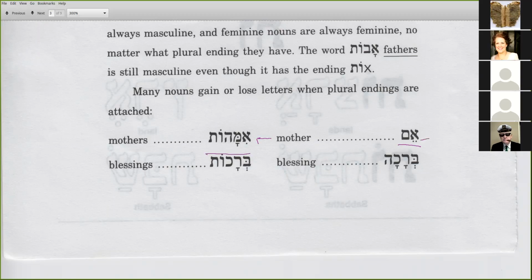Notice that the zere changes to chirik, and we have the addition of a patach under the mem. And so we get something like this. Imahot versus A-I-M. Okay? Imahot.